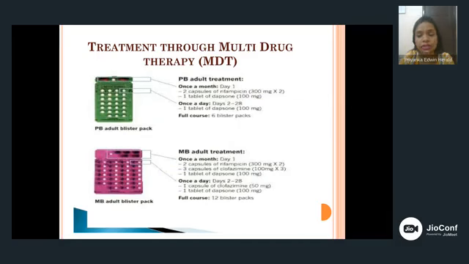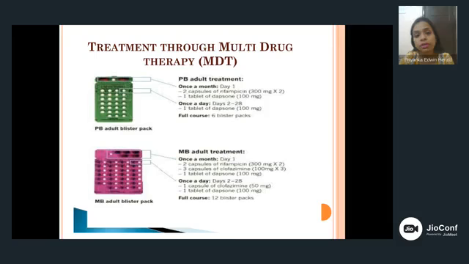Now, what is the medical treatment of leprosy? Like you must be knowing about TB disease. In TB, DOTS treatment is there; same as TB, there is MDT treatment, multi-drug therapy, in leprosy.